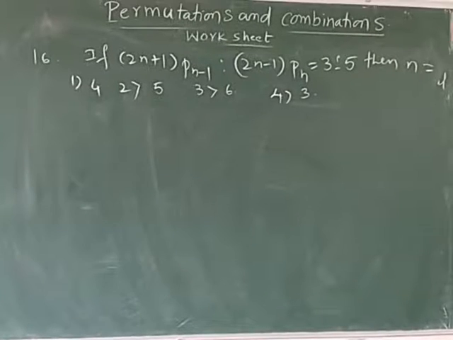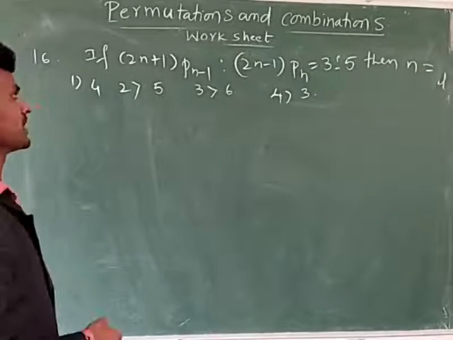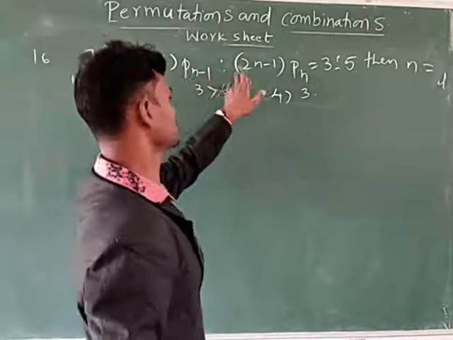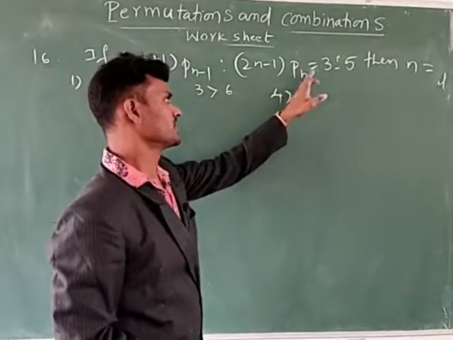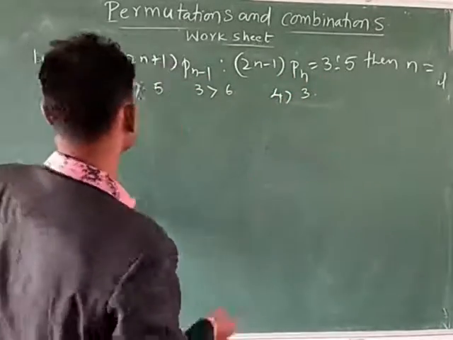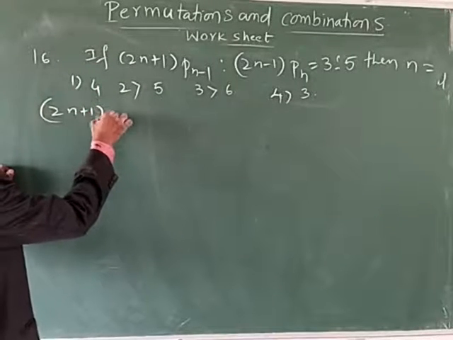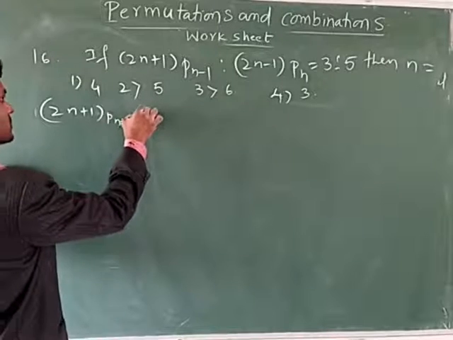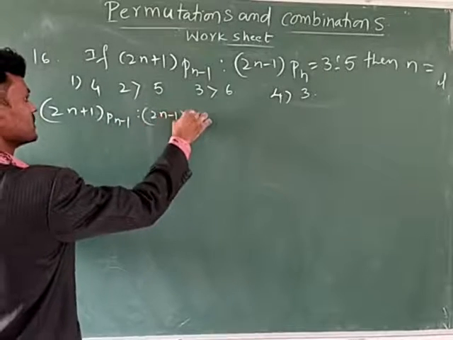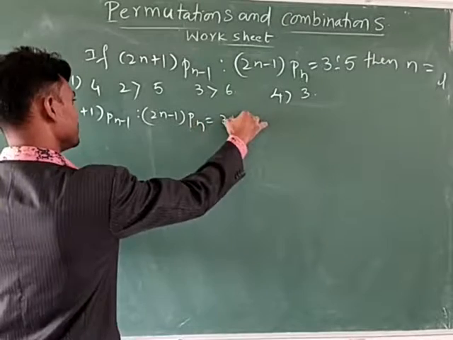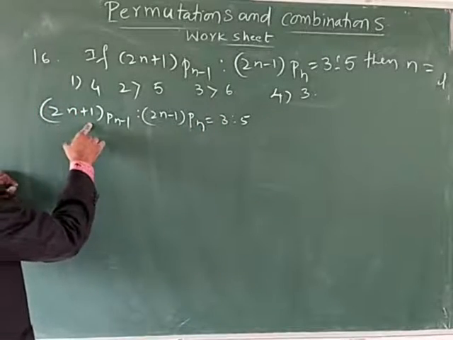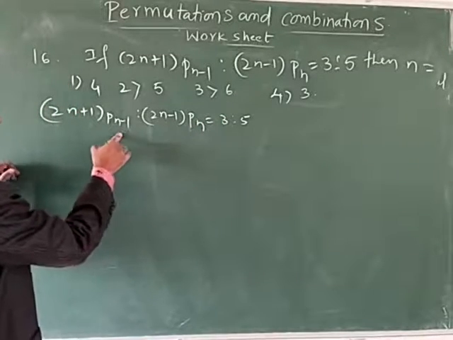Next question, 16th one. If (2n plus 1)P(n minus 1) is to (2n minus 1)Pn is equal to 3 is to 5, then find the value of n. See here, first one (2n plus 1)P(n minus 1) is to (2n minus 1)Pn is equal to 3 is to 5. You have to write here, this one is written as nPr, n factorial by (n minus r) factorial.